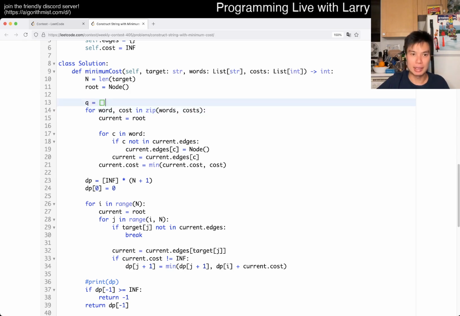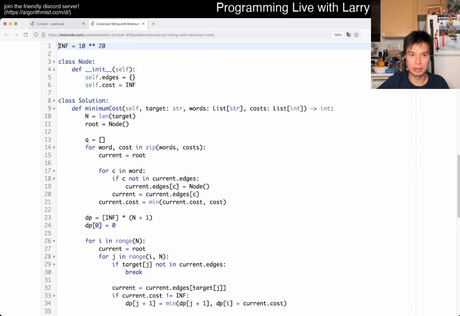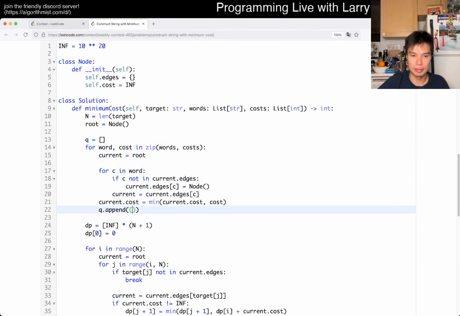We want a max heap for length. Oh, no, we don't need a heap. We just need word cost.